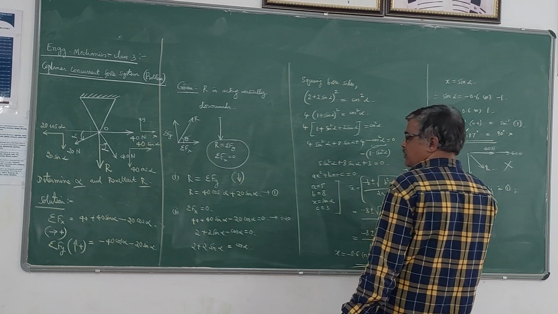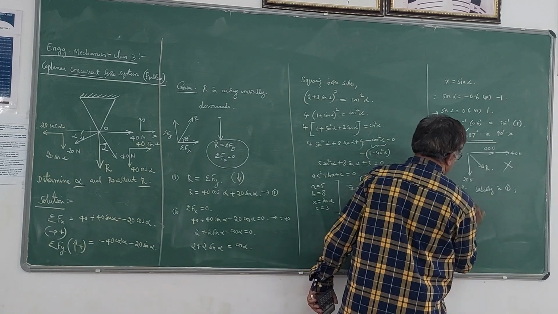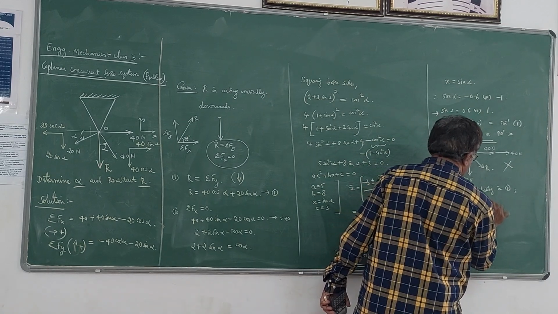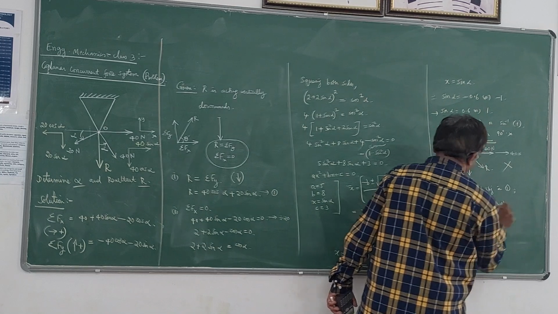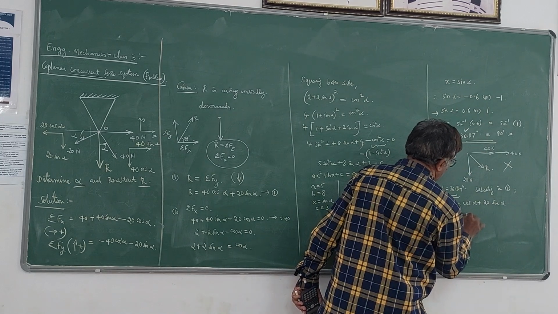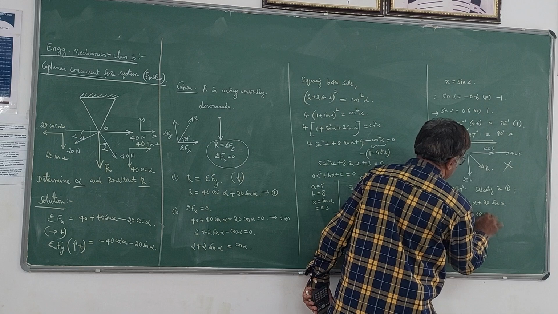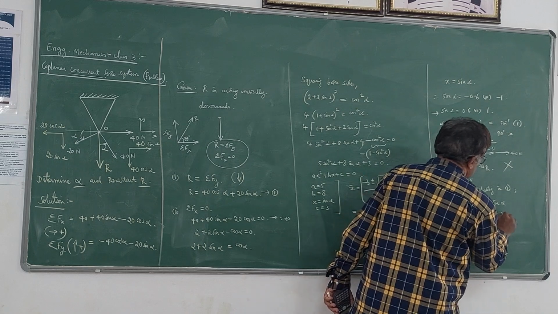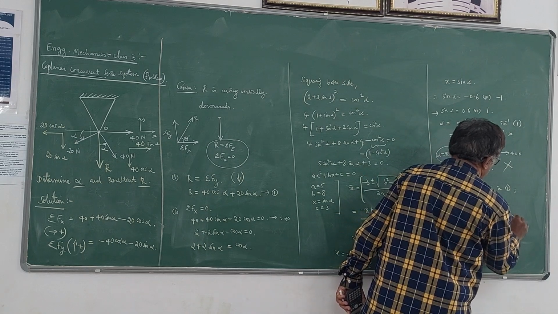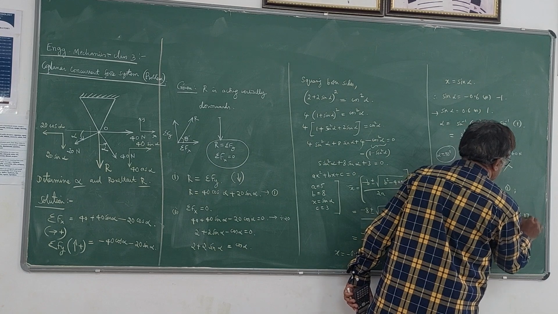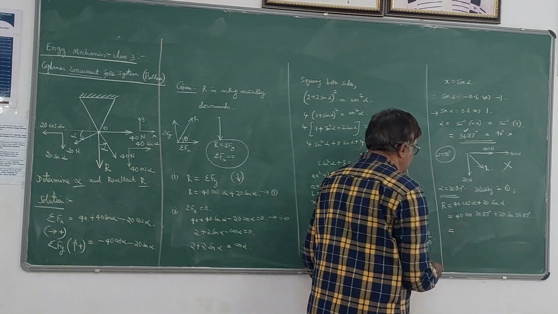40 into cos alpha plus 20 into sin alpha. So 40 into cos of 36.87 degrees plus 20 into sin of 36.87 degrees.